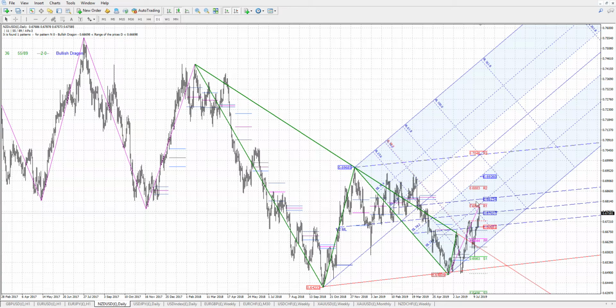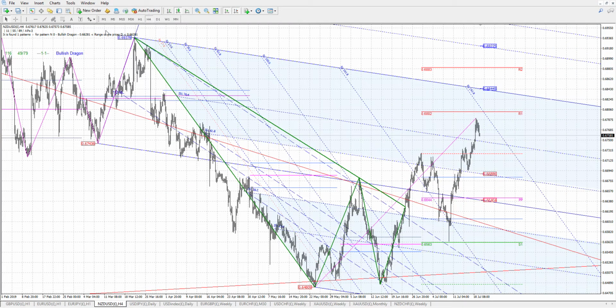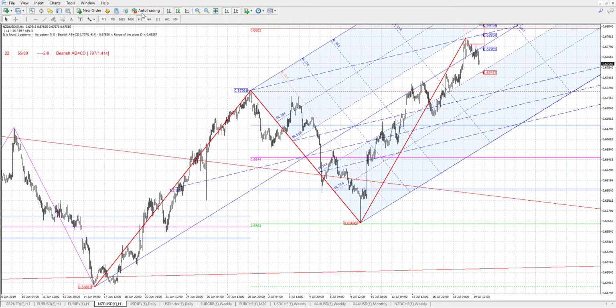Resistance there, 6802. It might challenge that because on the weekly basis we broke that trend line. H4, bullish dragon, same thing really, that resistance is looming. H1, and we've got a bearish ABCD. So as it stands, that's the channel. Let's get rid of that one.